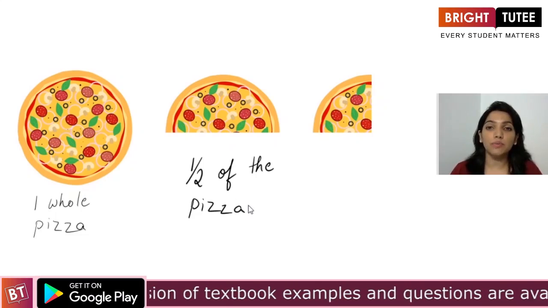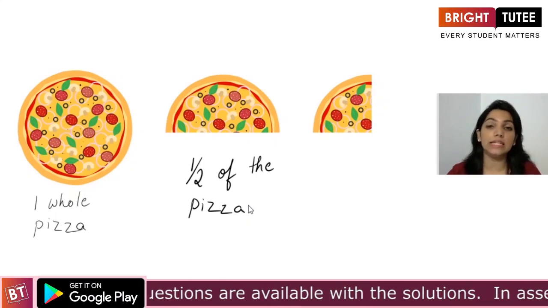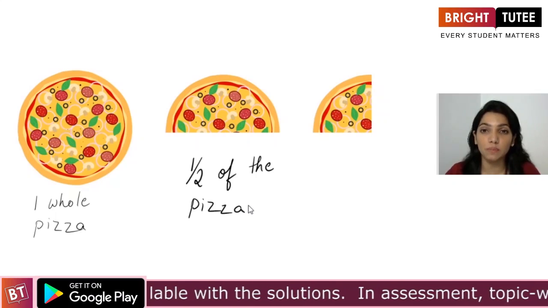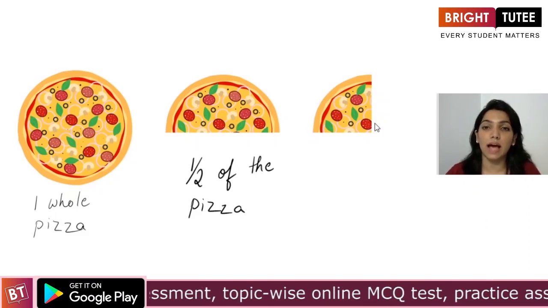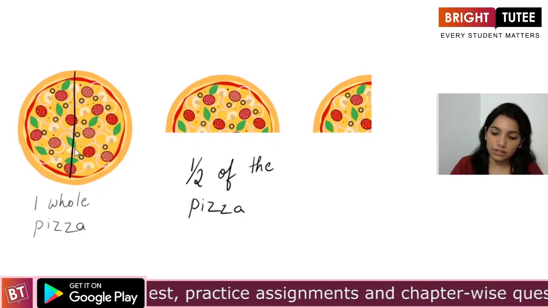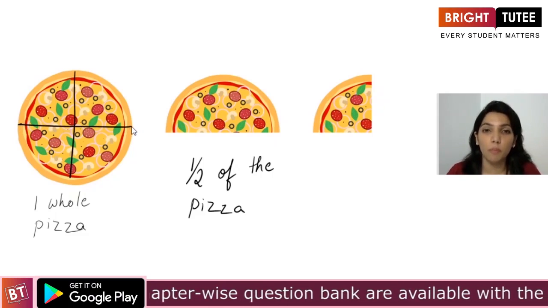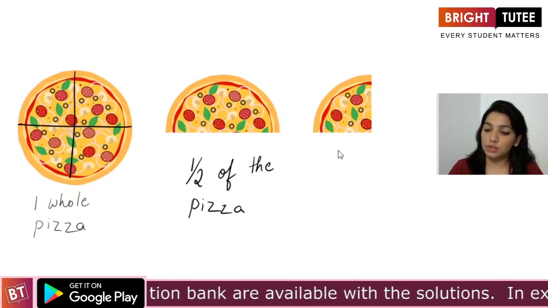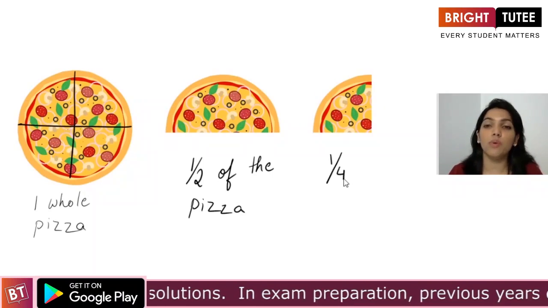Now I want to further make it into two pieces. I cannot even eat this half of the complete whole pizza. So this is how you will see that the pizza has been divided. And in the last image, we have basically divided the pizza into four parts. This part, we call it a quarter.